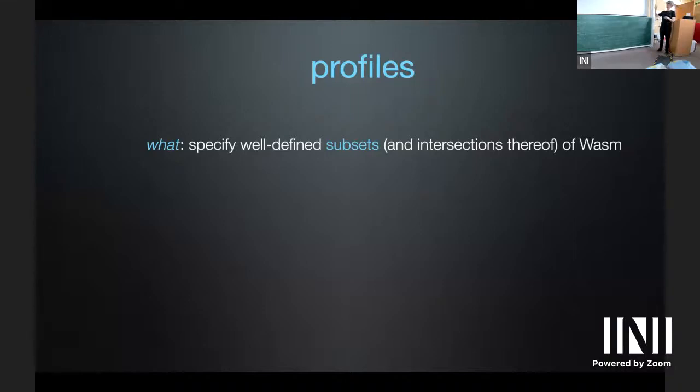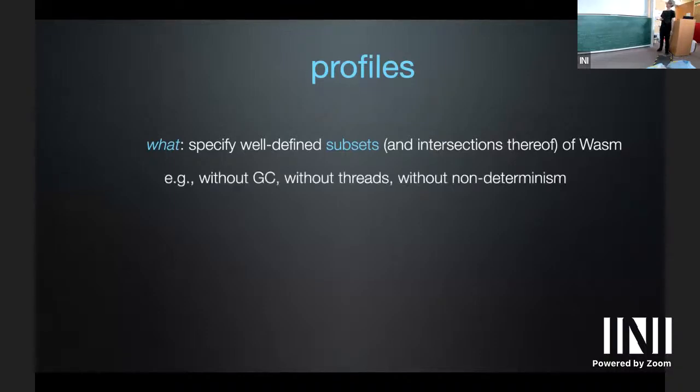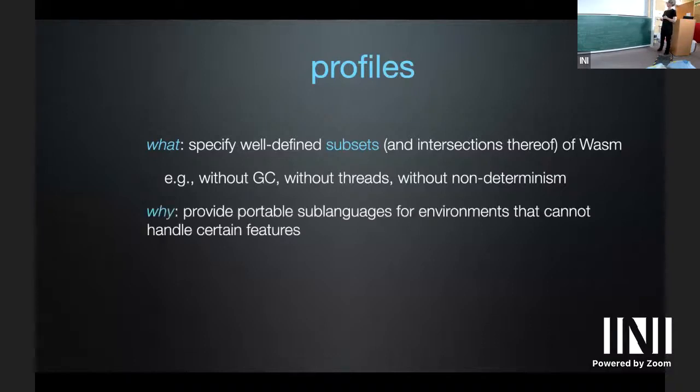Or we could try to at least minimize the fragmentation by specifying very properly certain subsets of the language with the properties that are needed. So, for example, a subset that doesn't have GC, because if you're running on an embedded system, you might not want to support GC or threads or non-determinism in general, right? So we want to put something in the spec that allows us to define these sets.